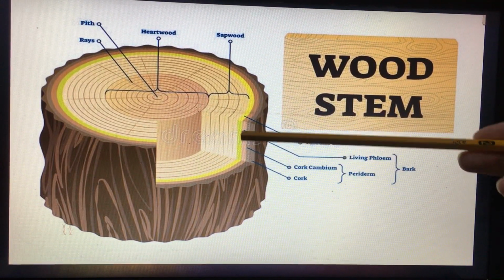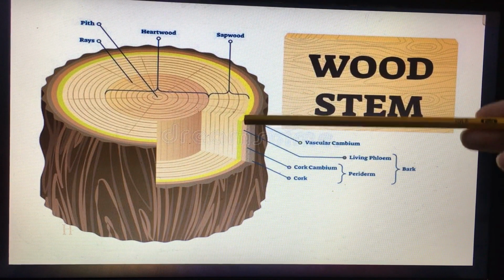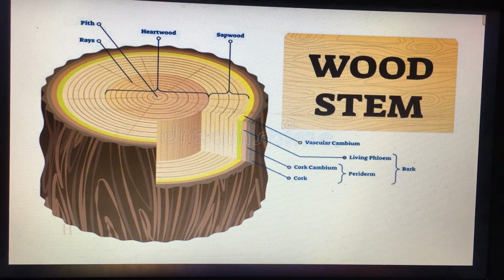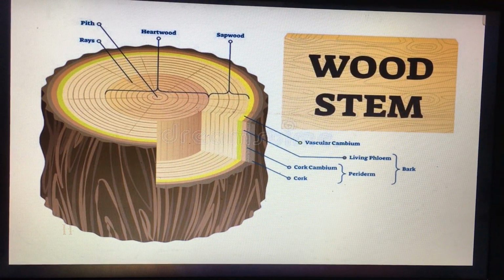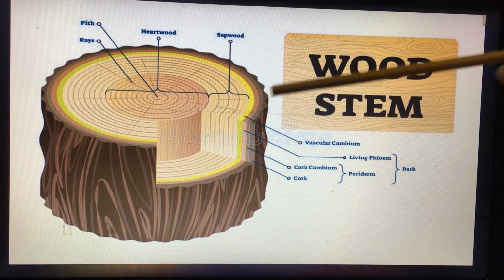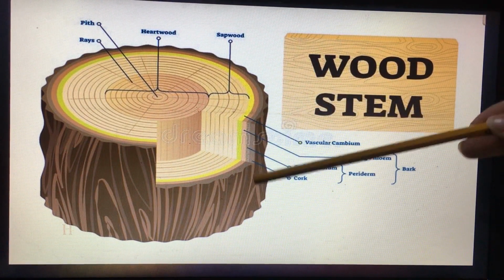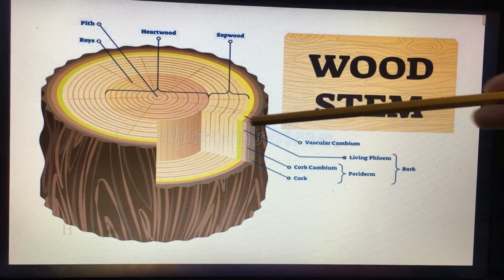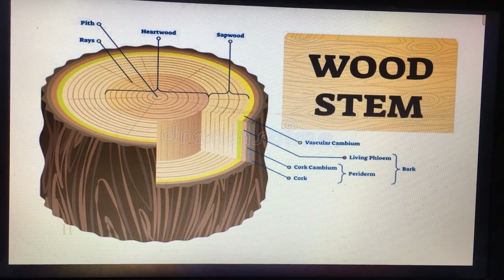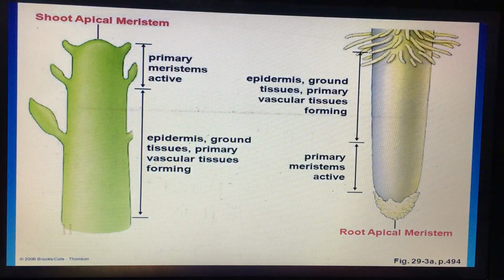So cell division in the cambium increases the girth of the stem so that the plants get thicker. This is the first example in plants.